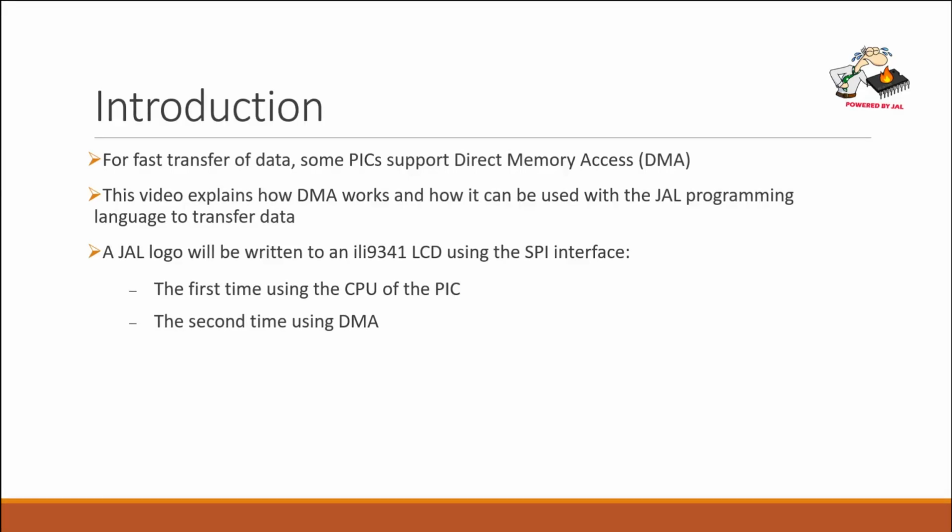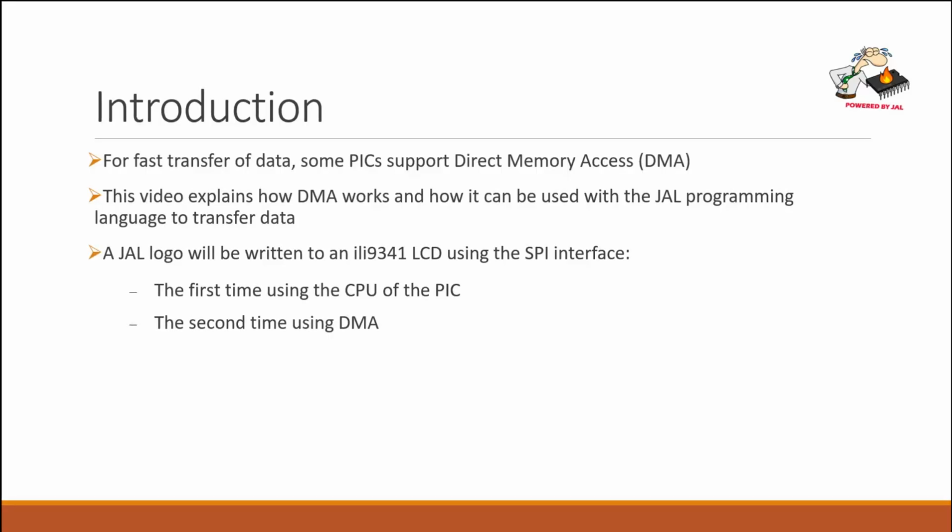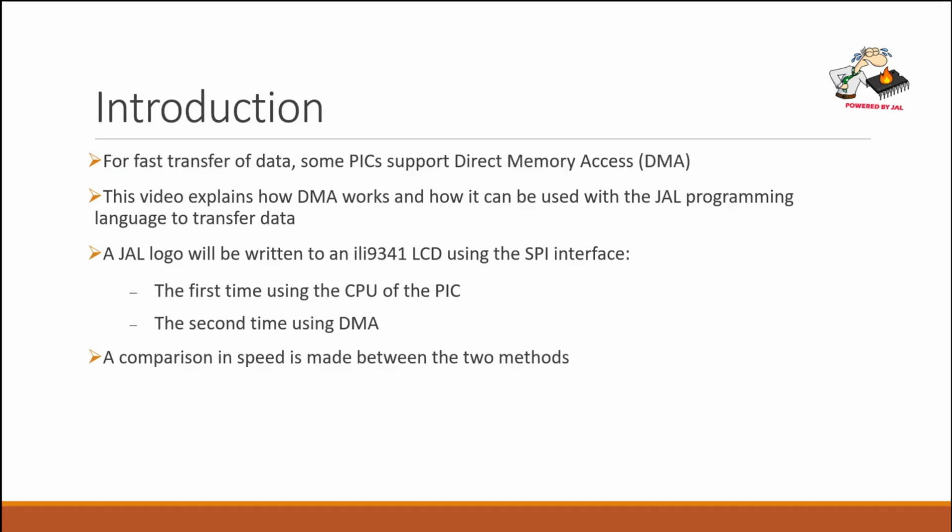In the first solution I will do it the standard, the traditional way, using a CPU. And the second solution I will show this demonstration using the DMA. And then I will do a comparison in the speed between the two solutions.